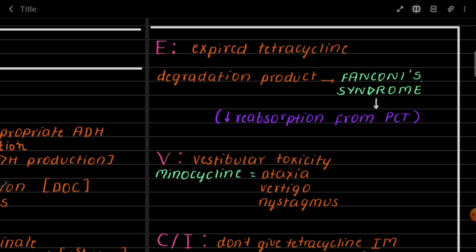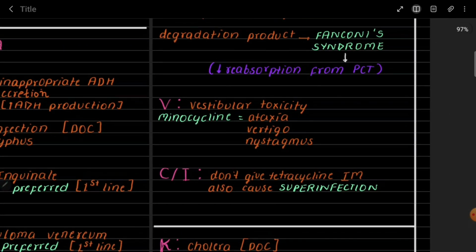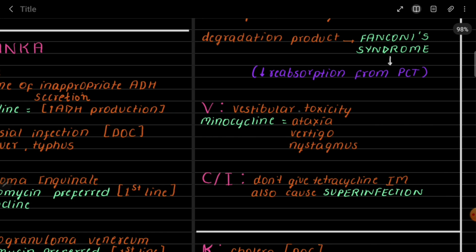Now Fanconi's syndrome refers to a disease in which there is decreased reabsorption from the PCT, and it is caused by consuming expired tetracyclines. V will stand for vestibular toxicity. Minocycline especially causes ataxia, vertigo, and nystagmus.